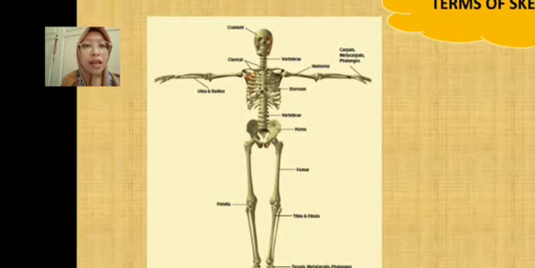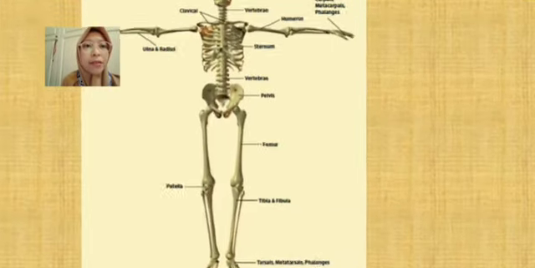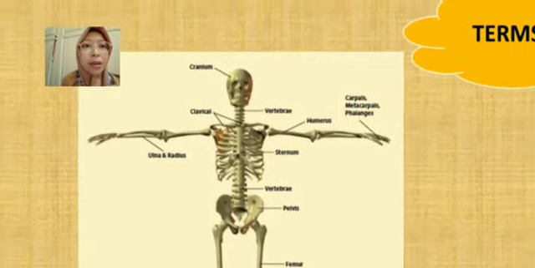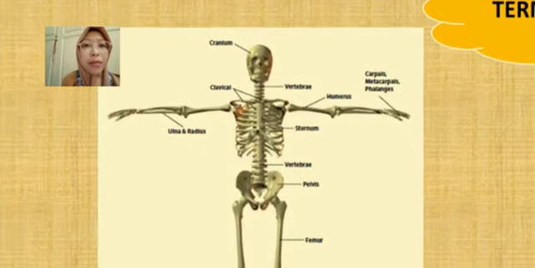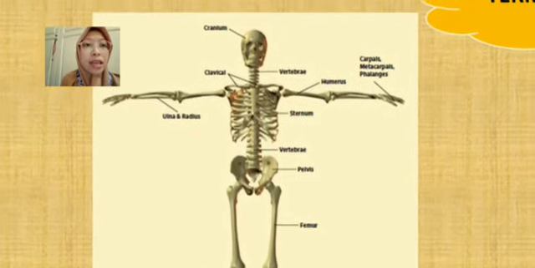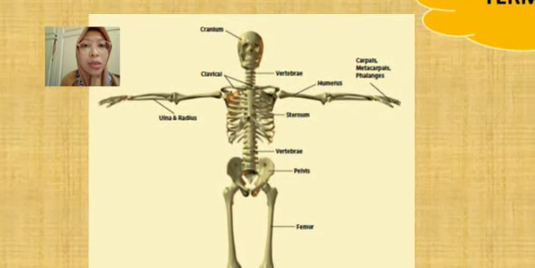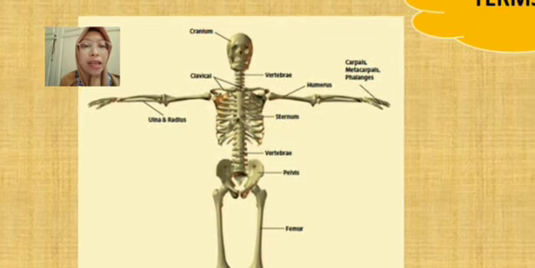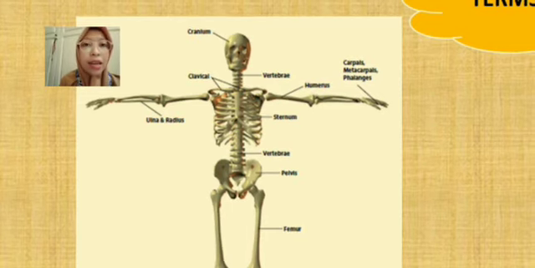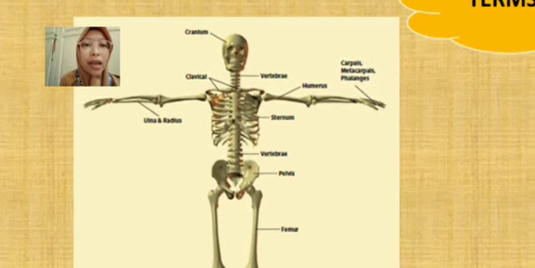Okay, for my students, you can see that first, from the head, we can say in English skull, and the tengkorak or kepala tengkorak, ya. In Latin we can say cranium.